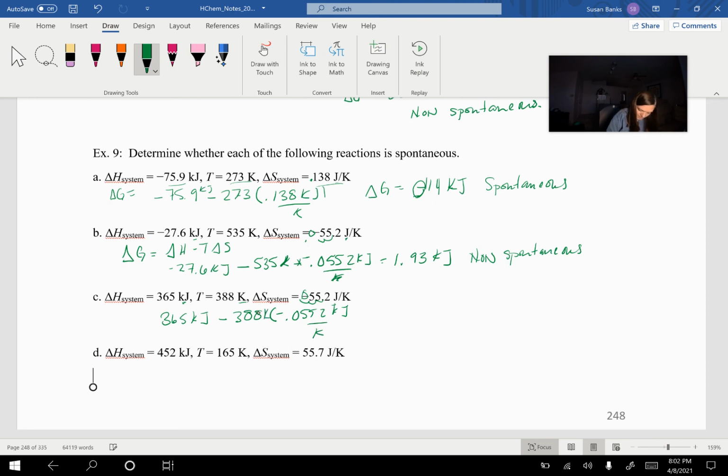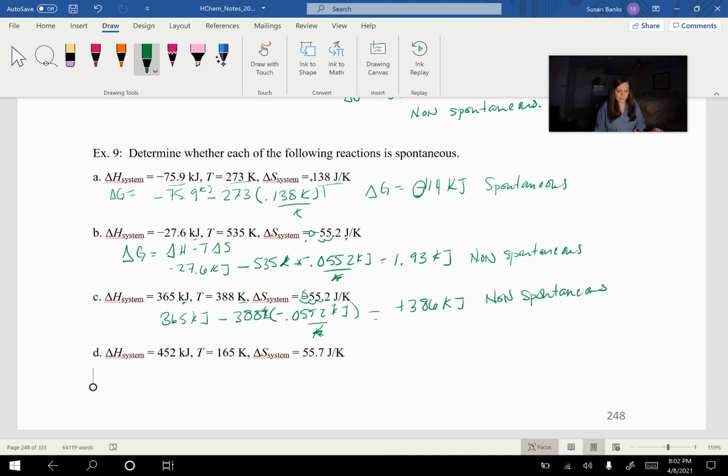And that is Kelvin. Okay, so our Kelvin cancels out. Again, we're left with kilojoules, which is what we want. And we get a positive 386 kilojoules on this. Okay, so once again, positive, so this is non-spontaneous.